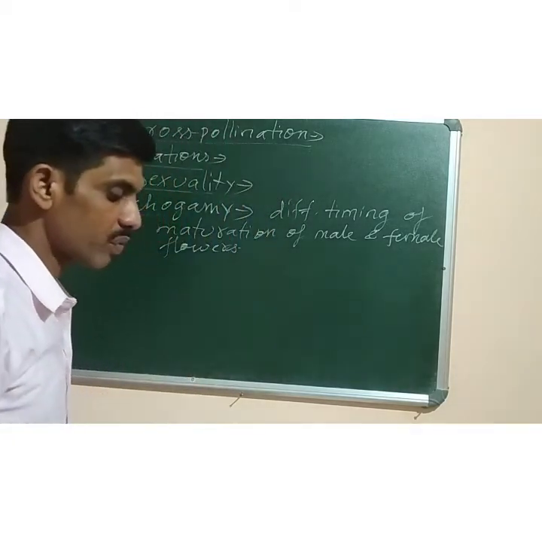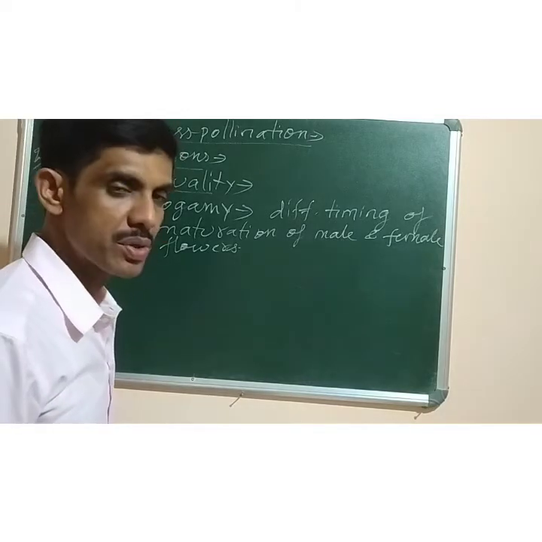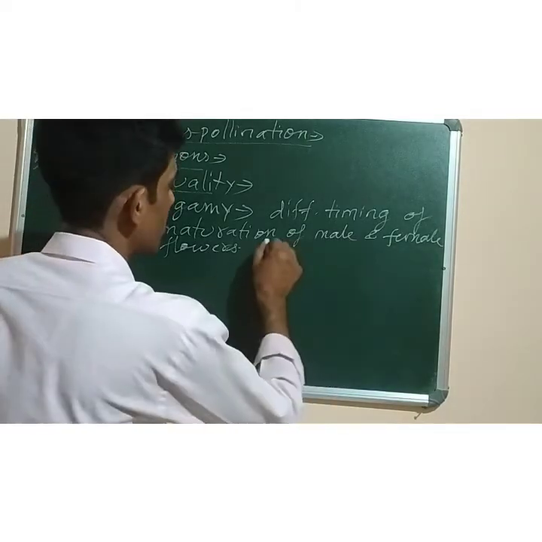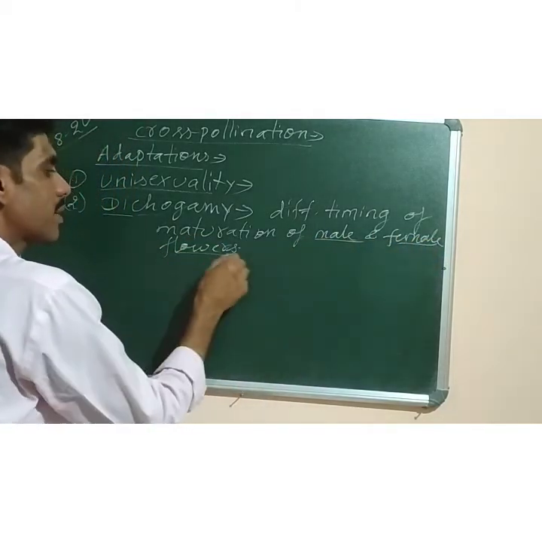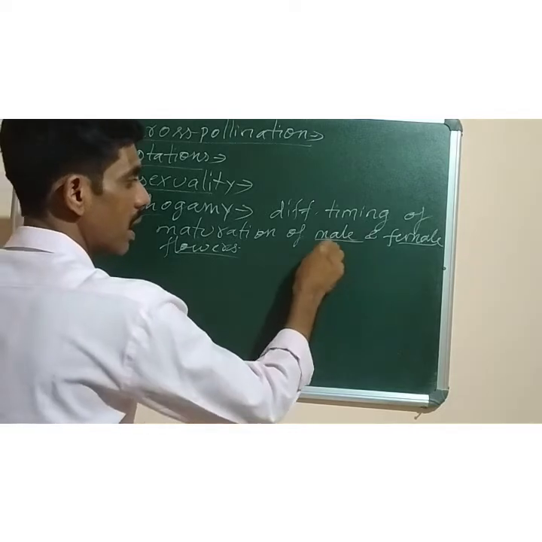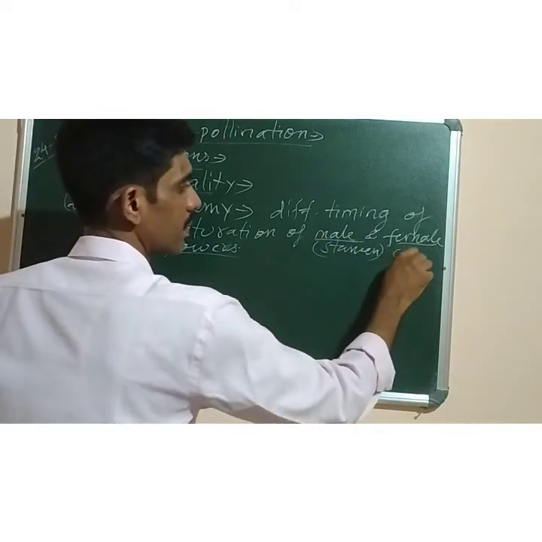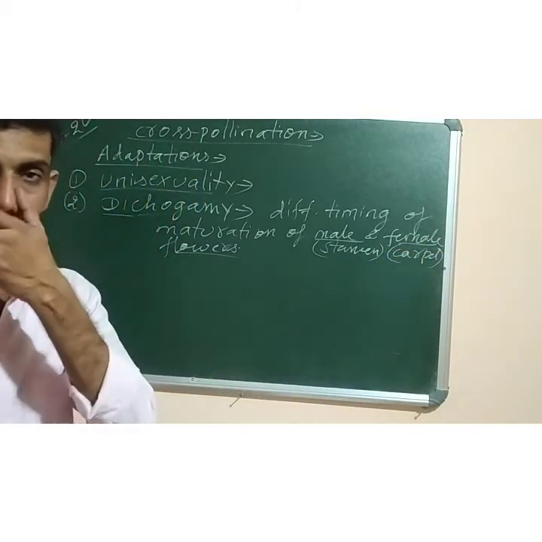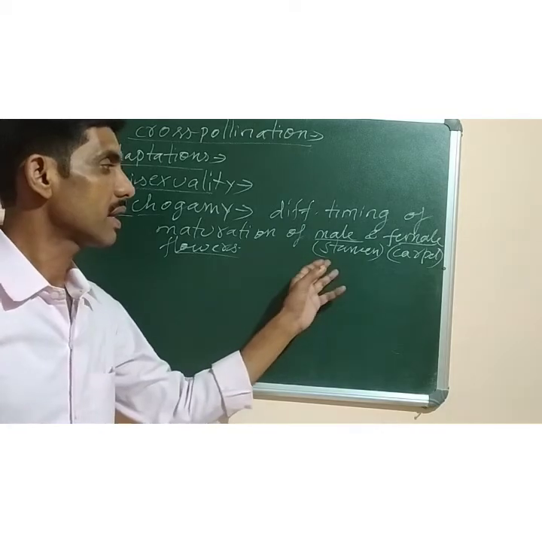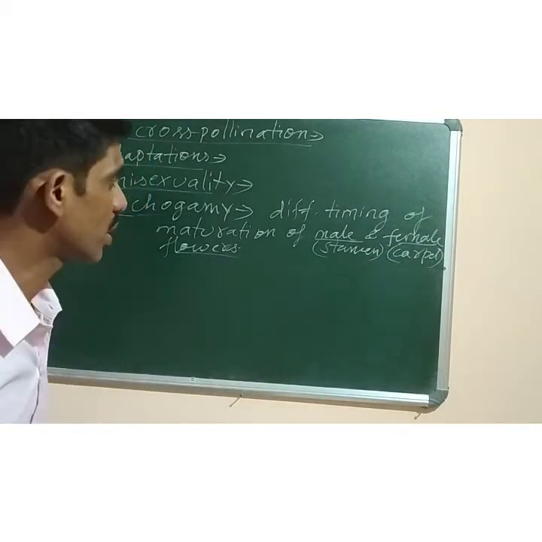The condition when stamens and carpels of a bisexual flower mature at different times. So different timing for maturation of male and female parts of the flower. Male part is called the stamen and the female part is known as carpel. So you can make your own definition also and write different time during which male, that is the stamen, and the female, that is the carpel, parts of the flower mature is called dichogamy.